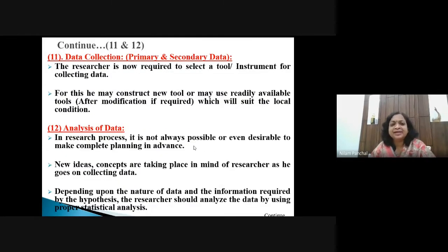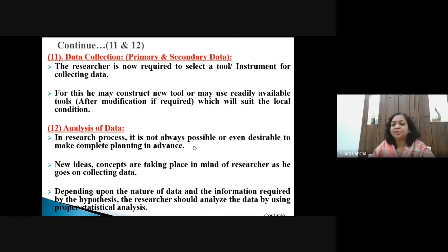Now let's try to see the data collection, the primary data as well as the secondary data. The researcher is now required to select a tool or instrument for collecting the data. For this, he may construct a new tool or may use readily available tools, after modification.